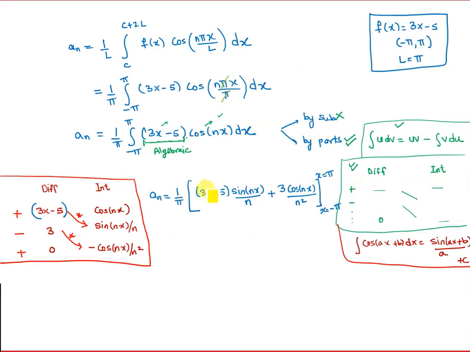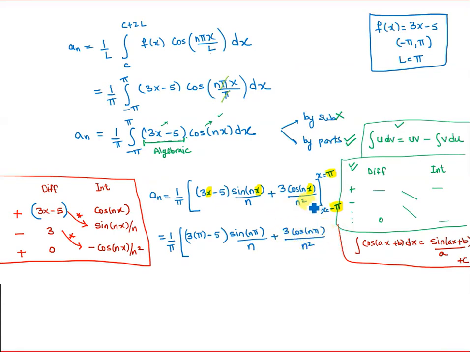What next do we have to do? We have to replace x by pi and minus pi here at 3 places, here, at this position and at this position. So these 3 places are to be replaced by pi and minus pi, meaning we are substituting the limit. So let's substitute it. This gives you 1 over pi, (3 times pi minus 5) sine of n pi over n plus 3 times cosine of n pi over n square.